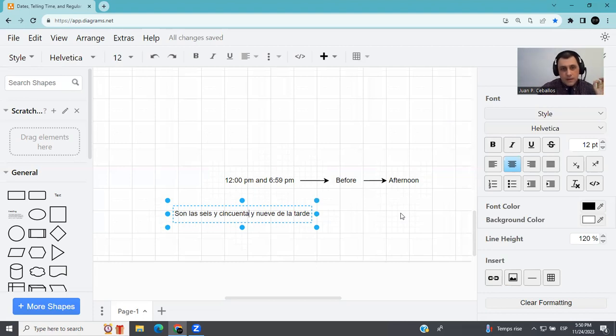So it is 6:59 in the afternoon. Now, this is a time expression. We don't say in the afternoon. We say of the afternoon. This is something you have to learn by memory. So I want to say in the afternoon, I will say de la tarde.